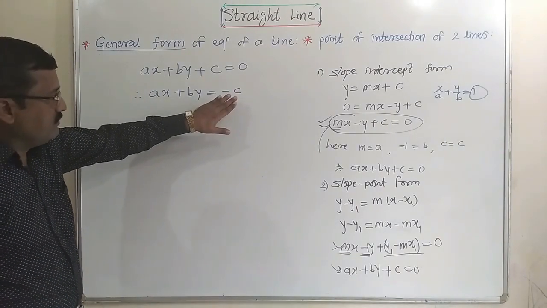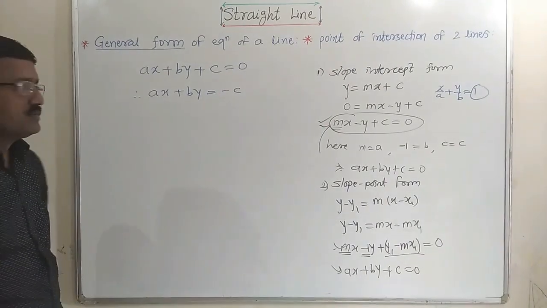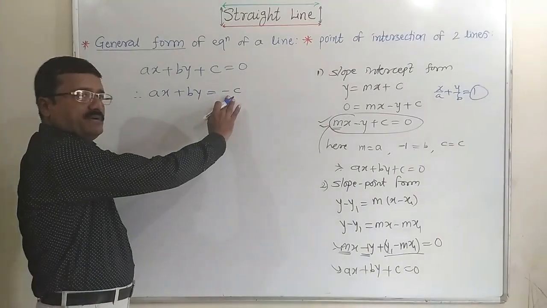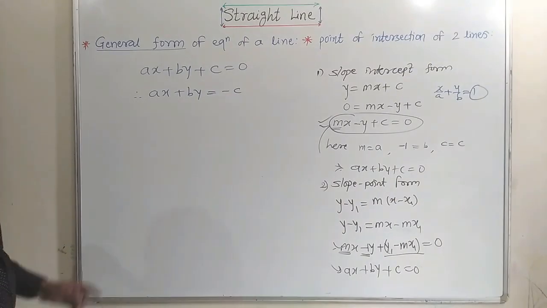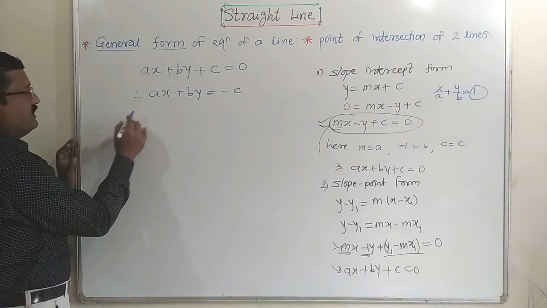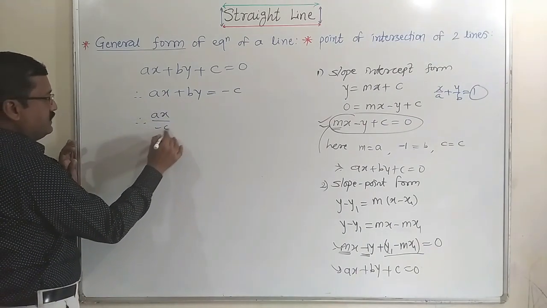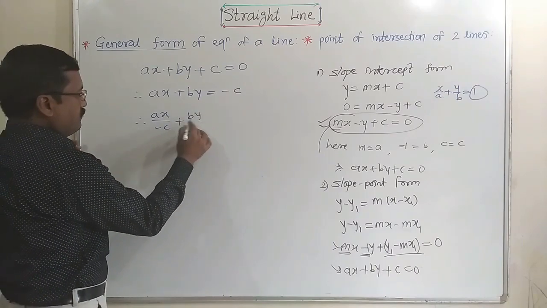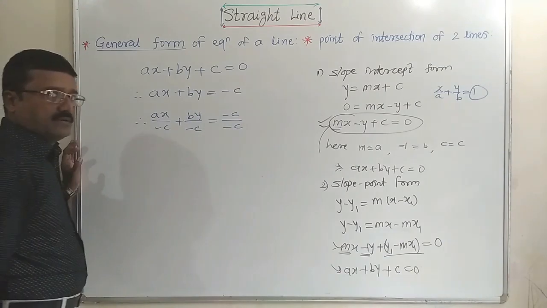So we have to divide this right hand side by minus c, then we will get 1. So as we are dividing right side by minus c, we have to divide each term of the left side by the same minus c. Therefore, dividing each term by minus c, we get ax upon minus c plus by upon minus c is equal to minus c upon minus c.